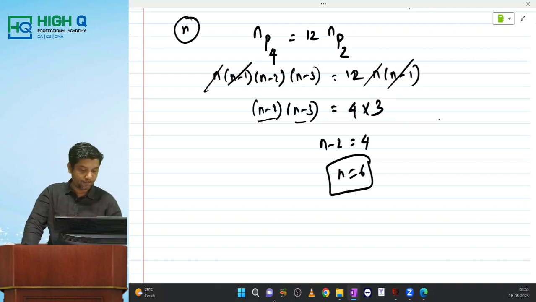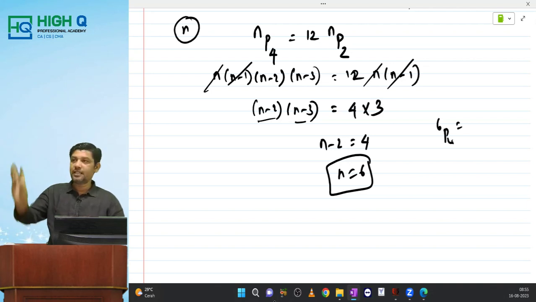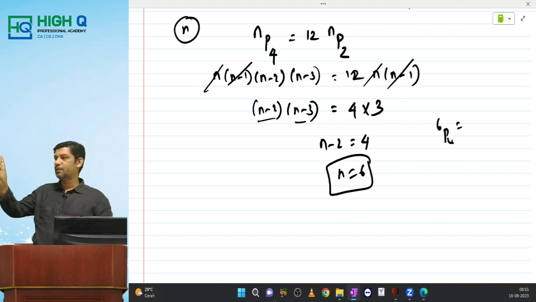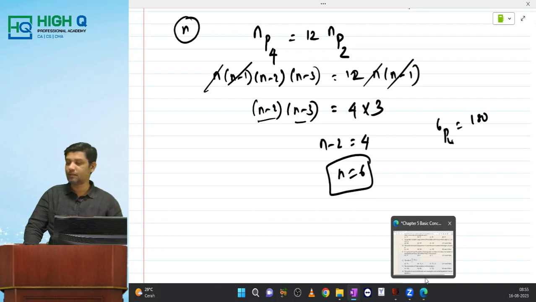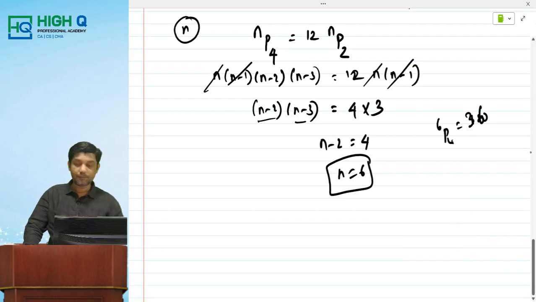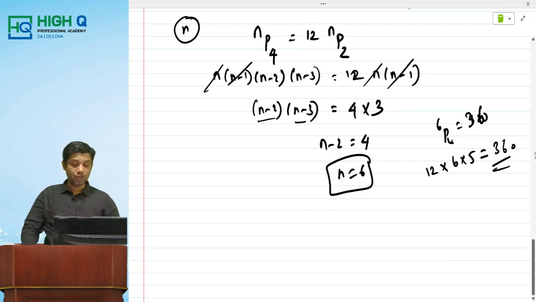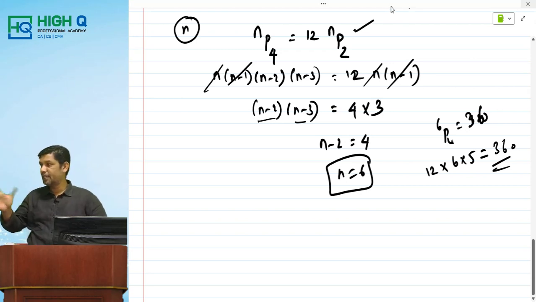Substitute 6P4 on the left hand side: 6 into 5 into 4 into 3, which is 360. The right hand side also we should get 360. 12 into nP2, that is 6P2, 6 into 5, 30. 12 times 30 is 360. Sir, 6 is the right answer, sir. Only this equation needs to be written, and once it is written, your problem is solved. Okay.